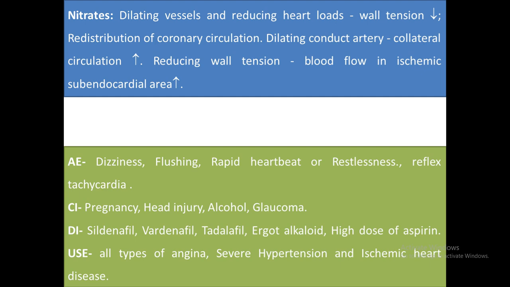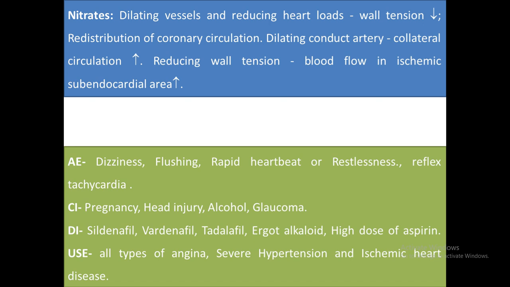Nitrates are basically responsible for dilating the vessels and reducing the heart load; wall tension also decreases. There is redistribution of coronary circulation, dilation of conductance arteries, collateral circulation also increases, and blood flow in the ischemic subendocardial area also increases. Adverse effects are dizziness, flushing, rapid heartbeat, restlessness, reflex tachycardia.